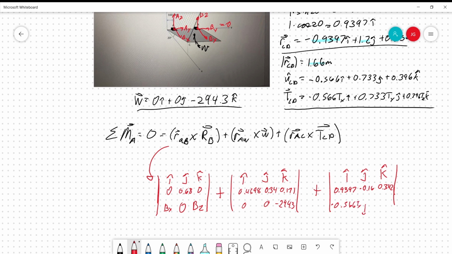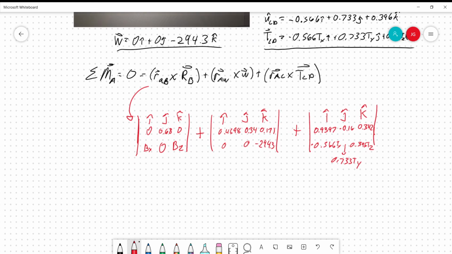I'm going to lower the arrows so I can tell what's what. I made it a little cramped. Ty, and then 0.396 tz. Alright?